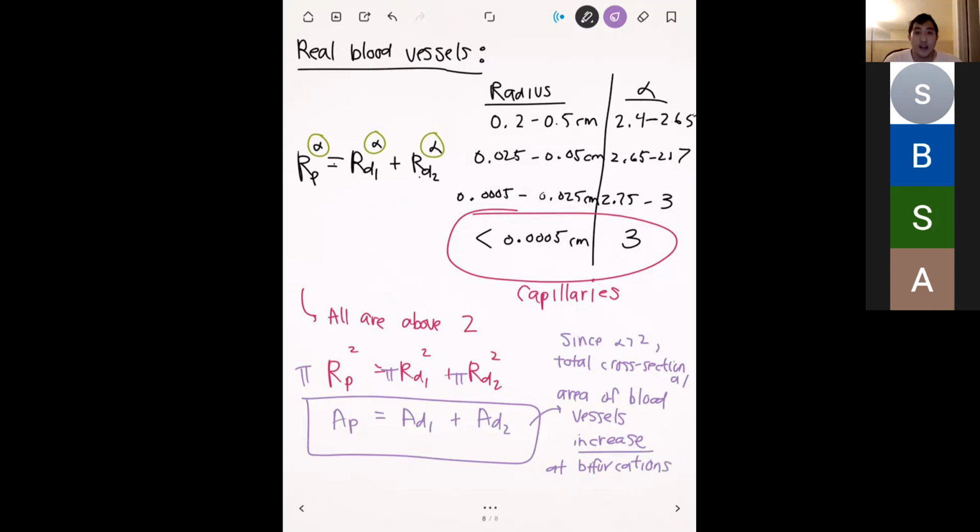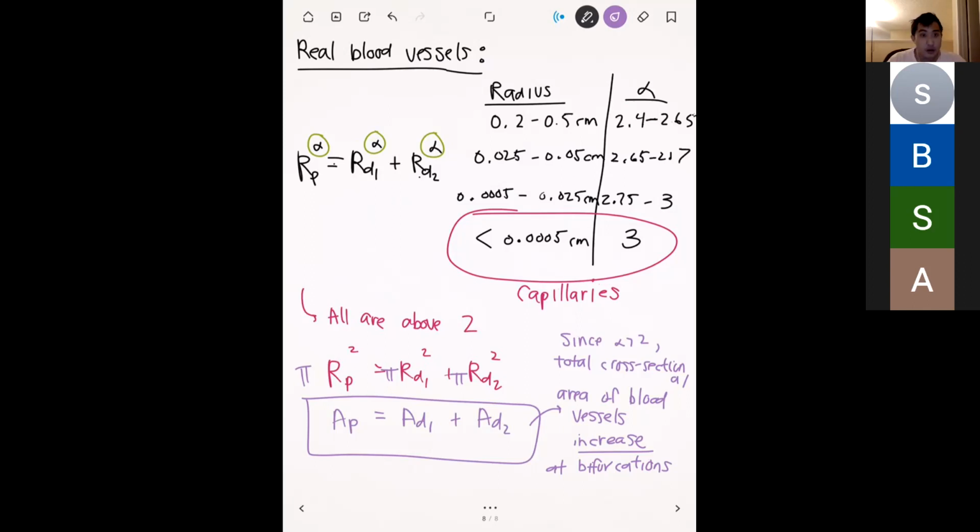And so every time you have a bifurcation, you can think of it as adding more lanes to the freeway that is our cardiovascular system. And that's important too, because that helps minimize the work. So that's another reason why Murray's law predicts an exponent of 3, because it helps minimize the work that's done.